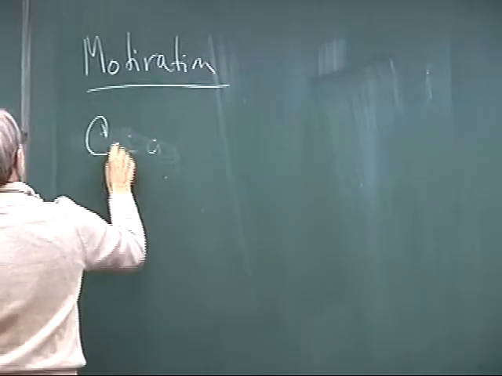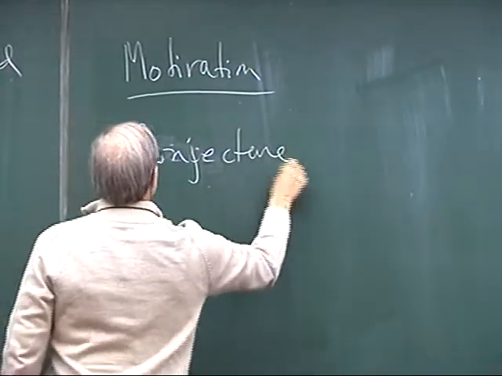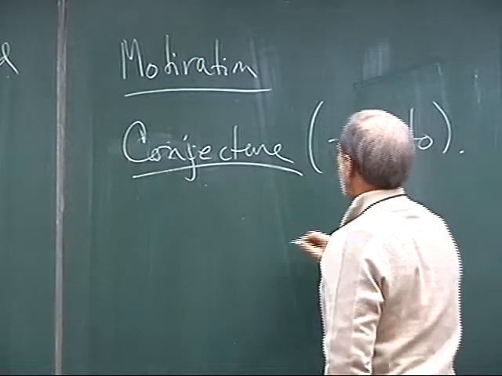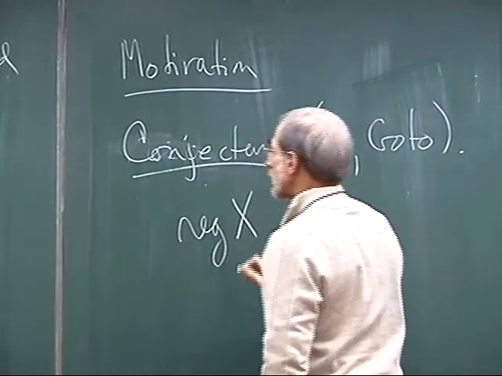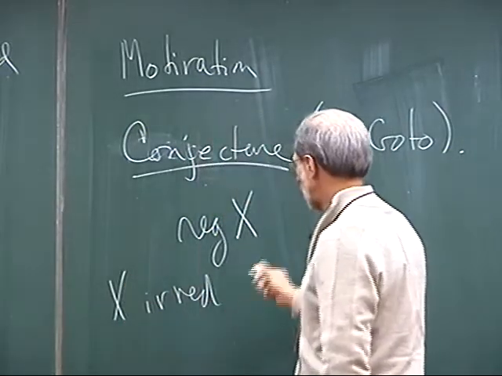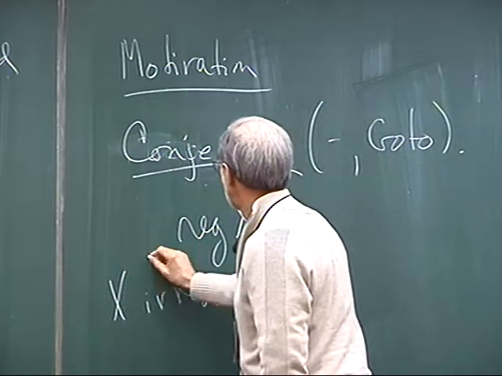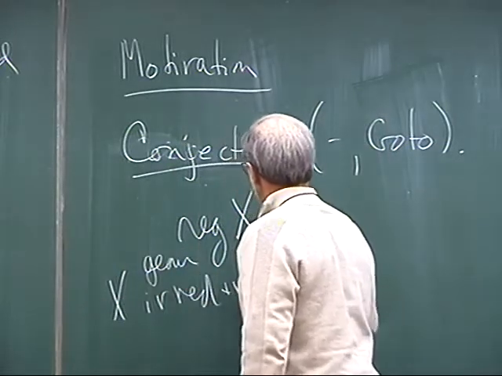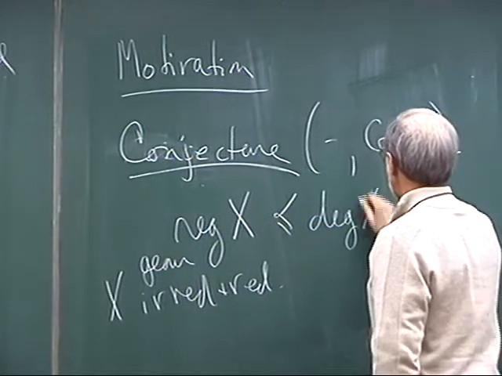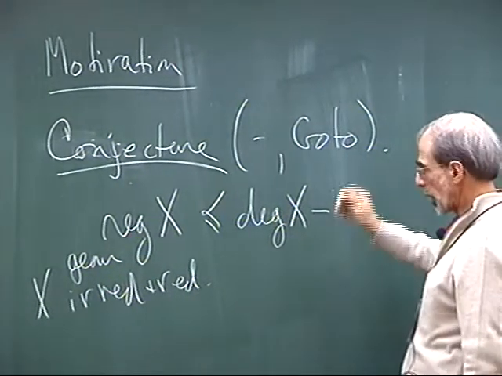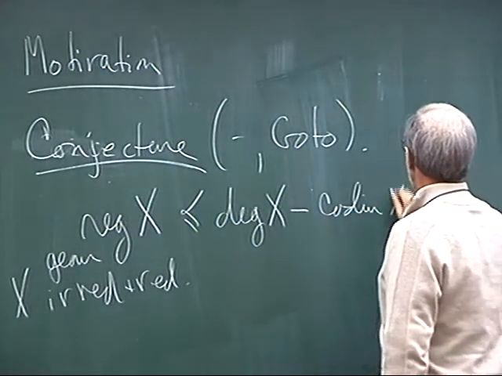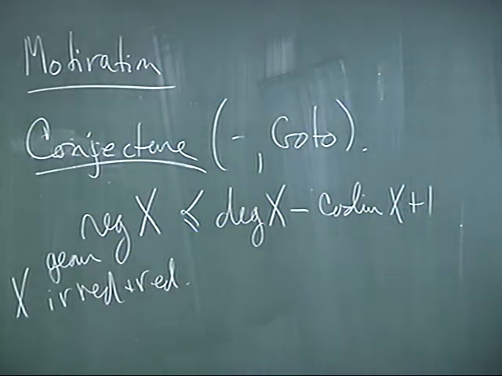An old conjecture of mine with Goto was that the regularity of X, if X is irreducible and reduced, let's say over an algebraically closed field, so geometrically irreducible and reduced, should be bounded by, roughly speaking, the degree of X, and then if X is non-degenerate in projective R space, you can say minus the codimension of X plus 1. That's certainly sharp if it's true.